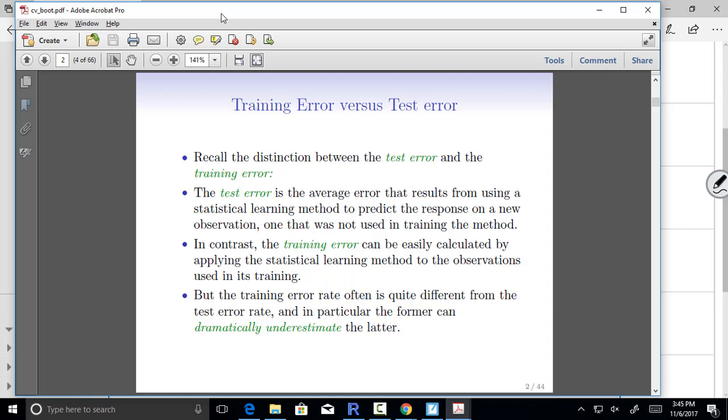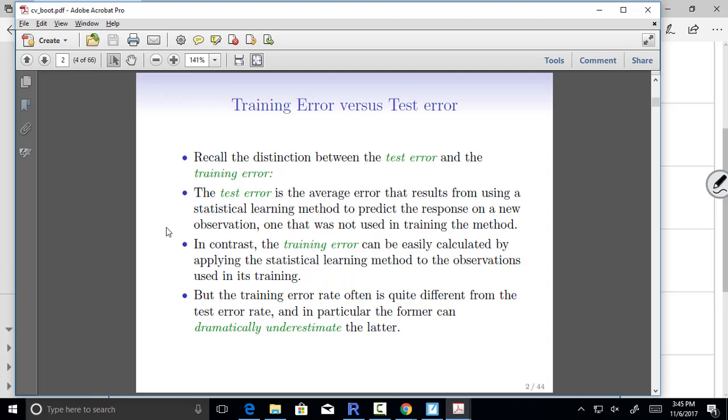Those are different quantities. You can be really accurate with your training data and really not accurate with the test data. Typically that's the direction it goes. So test error, here's the way the authors refer to it. Test error is the average error that you can expect when you use a model to predict the response on a new observation, one that was not used in training the model.